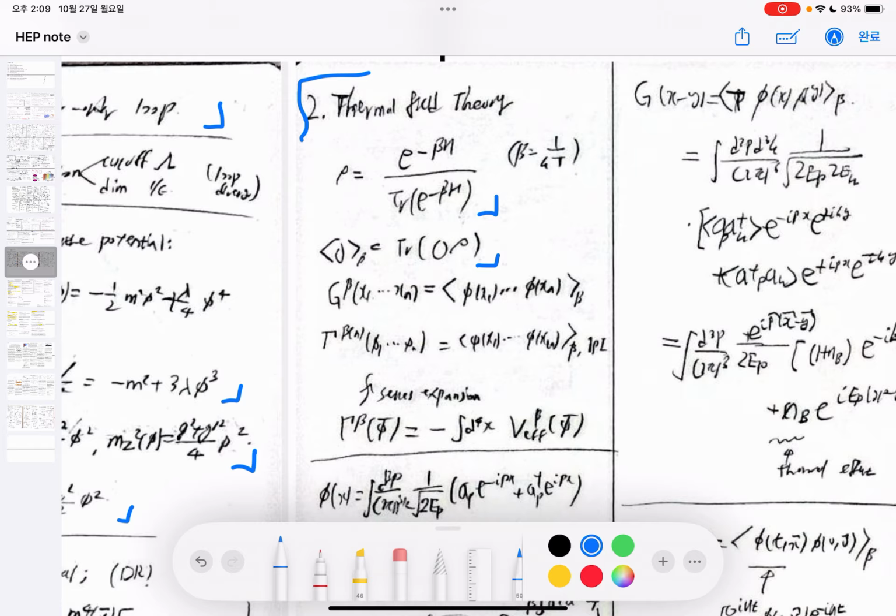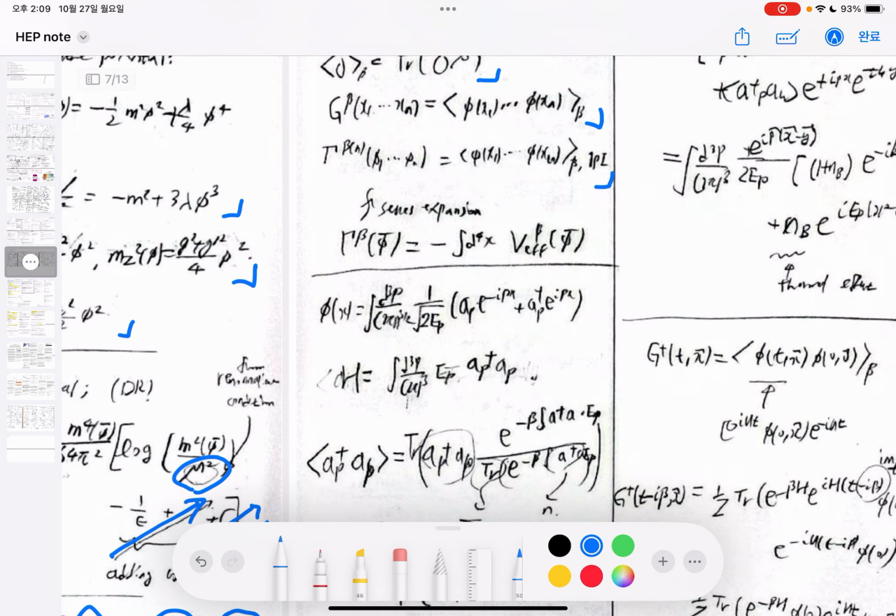Similarly, we can obtain the n-point correlation functions or Green's functions by considering the expectation of the product of n fields, and similarly for the 1PI n-point correlation functions.